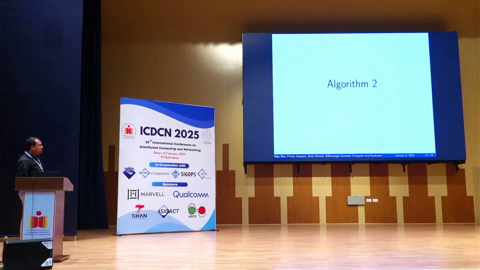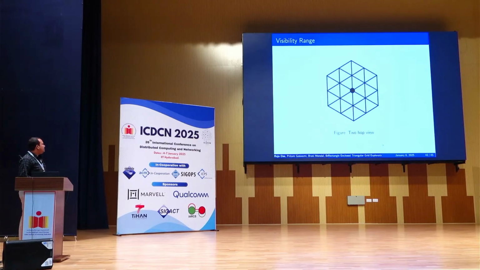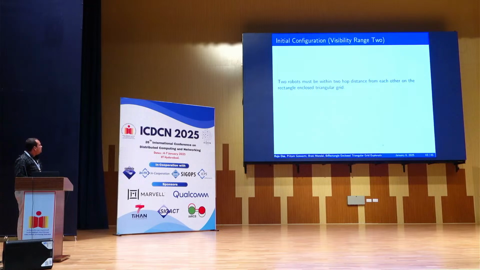Algorithm 2 is almost similar to algorithm 1, but here the visibility range is 2 hops. So a robot can see only these nodes. Initially the robots can be anywhere on the RETG, provided they are within 2 hop distance. That means they can be at 1 hop distance from each other or at 2 hop distance.